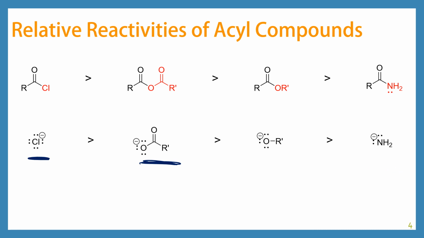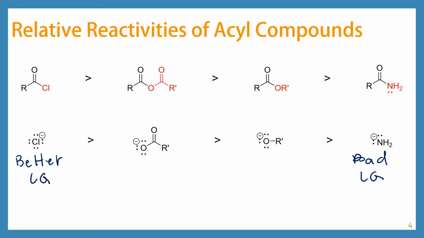Now, what do we know about these compounds? Because we've seen them all before, and we've discussed their leaving group abilities before. Which one is the best leaving group? Hopefully you're recognizing that chloride is the much better leaving group in this situation, and azanide is a really bad leaving group. But what makes them a good leaving group or a bad leaving group? What is the property that actually makes this decision for us?